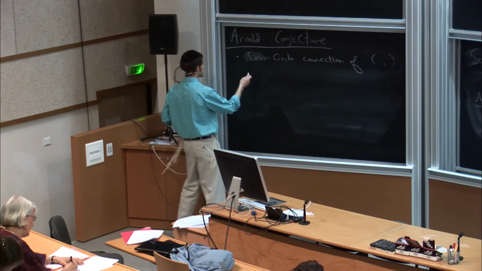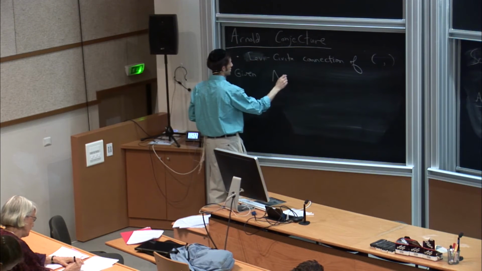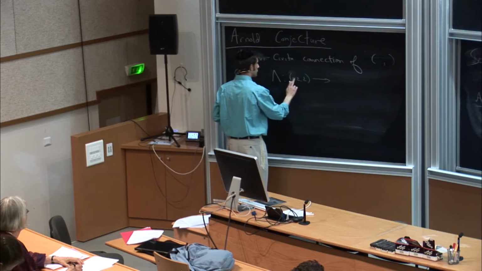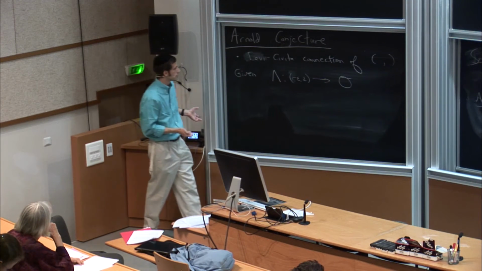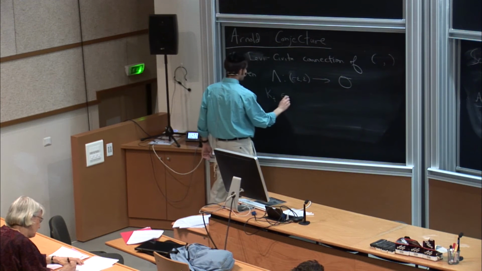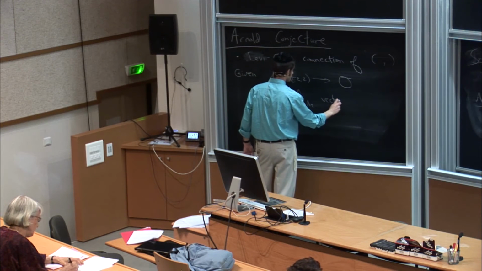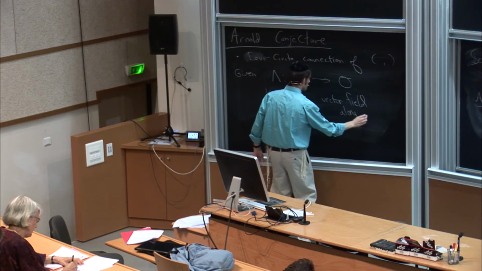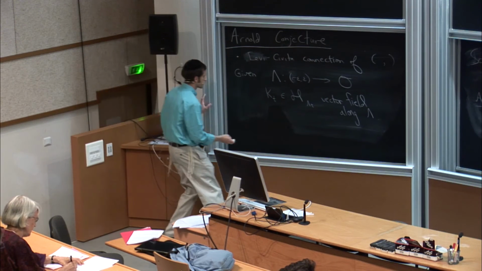So in other words, let's suppose that we're given some path lambda, maybe a short path, which goes to O. And we're given some vector field along lambda. So say k_t belongs to H of lambda_t, a vector field along lambda. So then what does the covariant derivative of that thing look like?